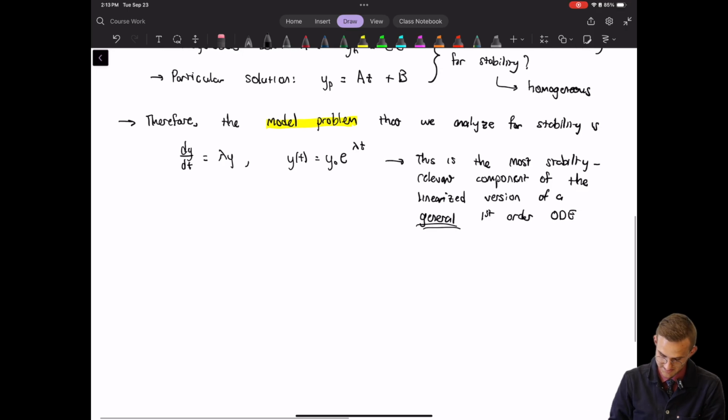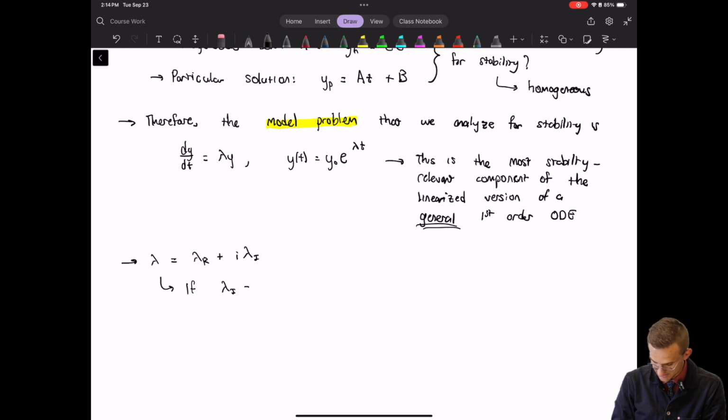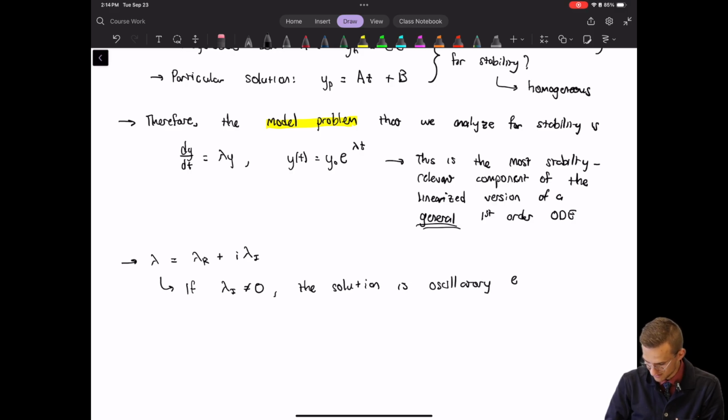So let's talk about what lambda is, okay? Another thing to keep in mind is that lambda has a real and imaginary part in general: lambda_r plus i lambda_i. Okay, so if lambda_i is not 0, the solution is oscillatory. And that just has to do with the fact that e to the i theta is equal to cosine theta plus i sine theta, right?